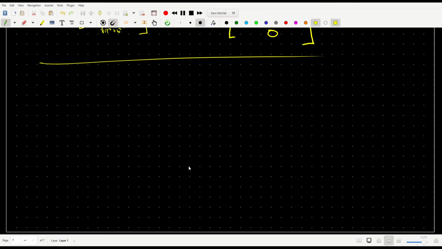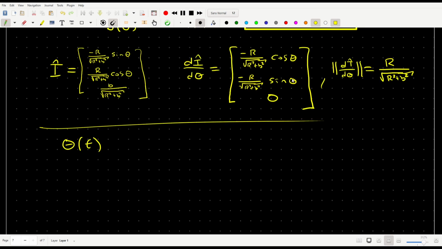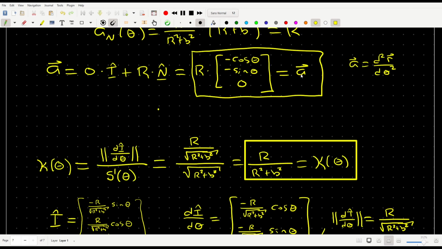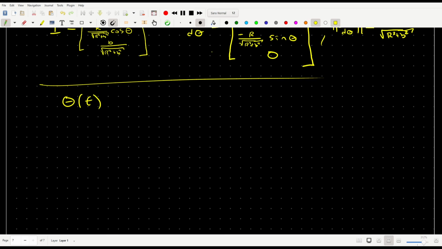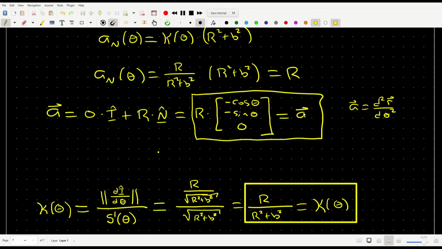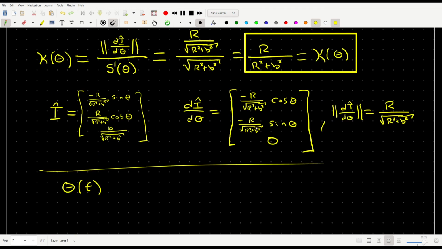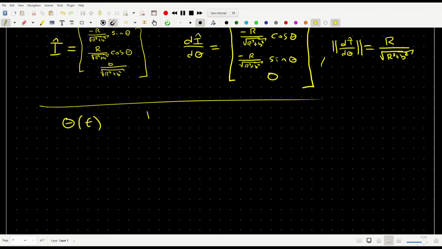So specifically, what I want to say here is that the first thing is, if theta, say, depends on time, then all of these calculations can be expanded upon. We know that the a calculated up here is the acceleration in the sense of it's the second derivative with respect to theta. But if you want, say, dr/dt, from the chain rule, this is going to be the same thing as dr/dθ times dθ/dt.